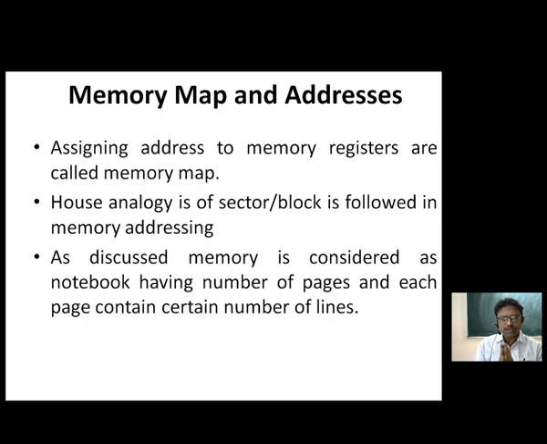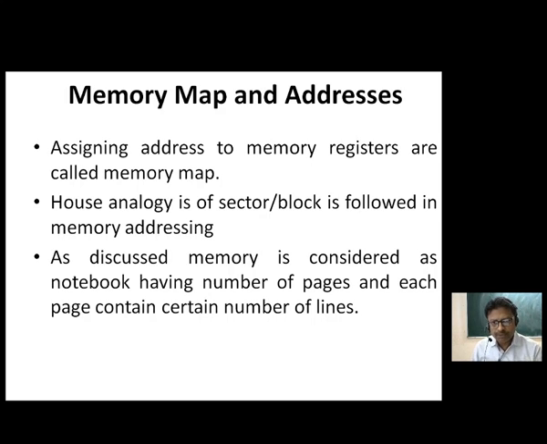The number of pages is fixed and the number of lines in each page is also fixed. In a very similar fashion, we divide the total memory into a number of pages and each page has a number of registers. So in the analogy, the number of pages in the memory and in the notebook is the same, but the number of lines and the number of registers in one page are analogous.